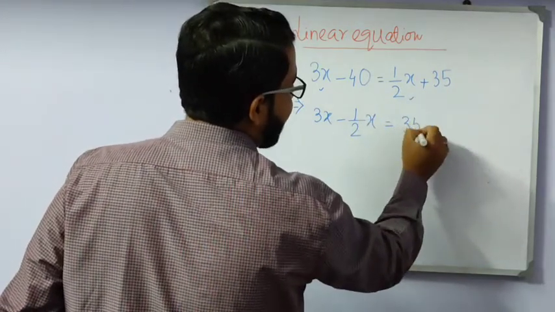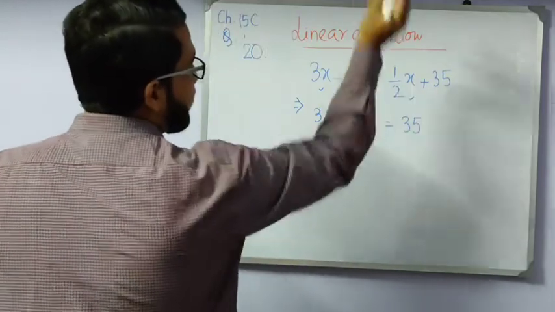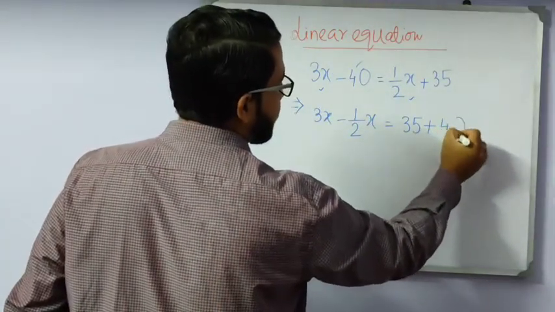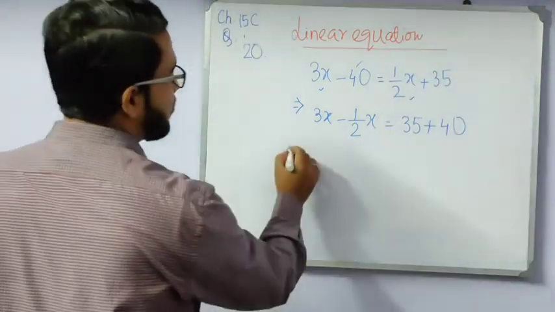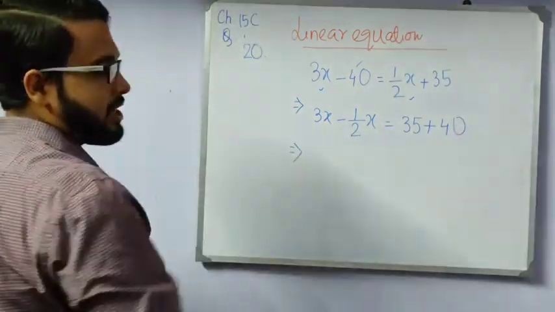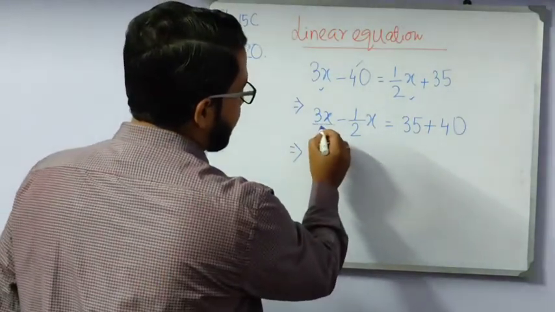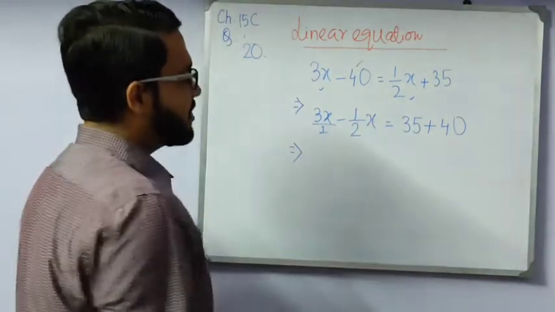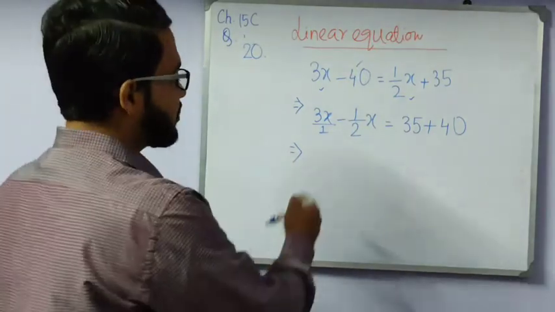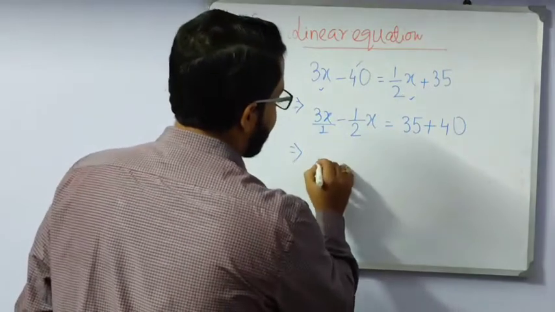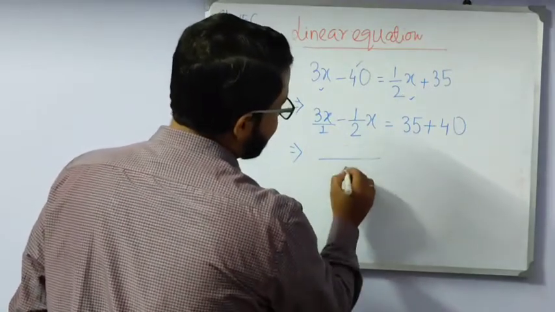Write this 35 first here, then this 40 changes its sign and comes to the right side. So here is a fractional subtraction. Nothing is written there, means here 1 is present. So for 1 and 2 the LCM is 2.